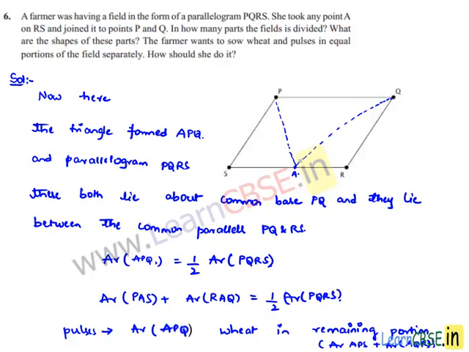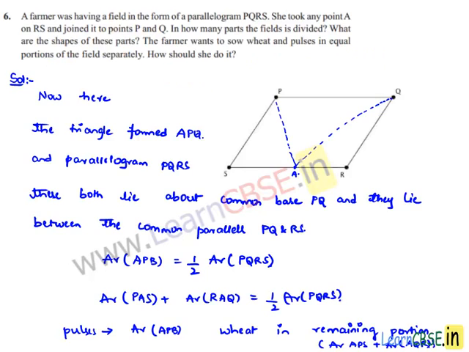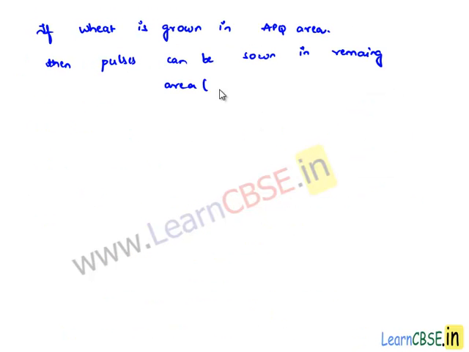And similarly, if wheat is grown in the APQ area, which covers half of the parallelogram, then pulses can be sown in the remaining area, that is the area covered under triangles APS and AQR.